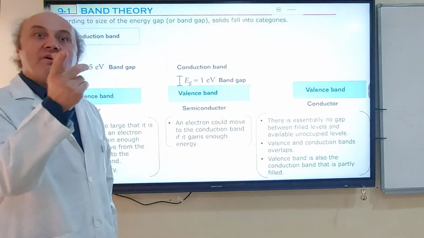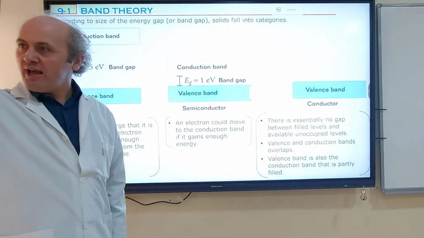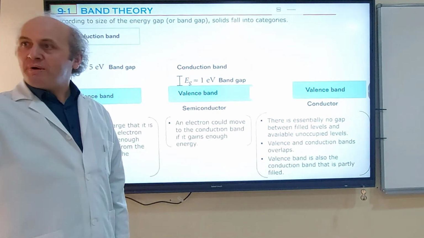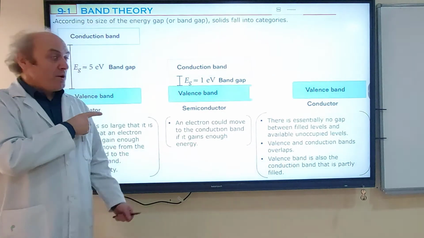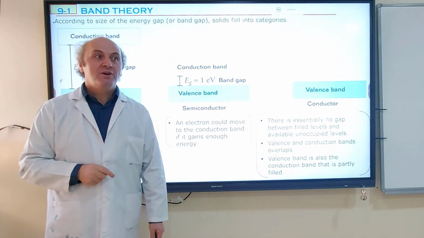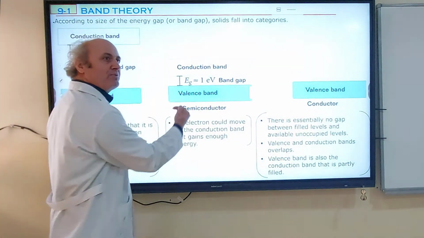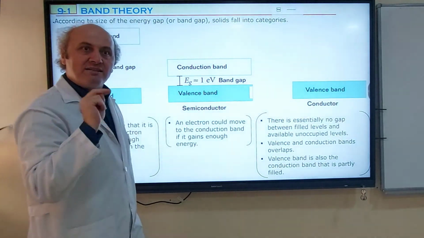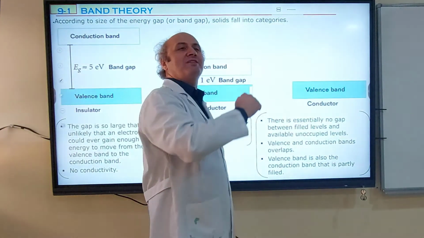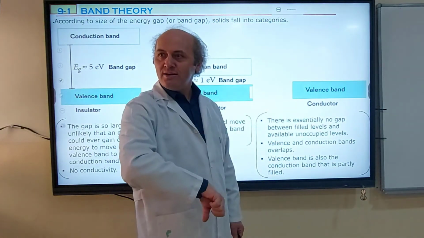Temperature. Do you remember? There are 3 methods of adding energy to a system. One of them is passing electric current. The second one is using photons. The third one is heating. When you heat semiconductors, their electrons gain this 1 electron volt of energy, they jump to the conduction band, and then conductivity starts. So semiconductors are good conductors at high temperature, insulators at low temperature.